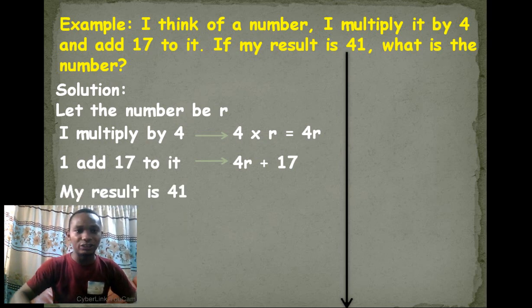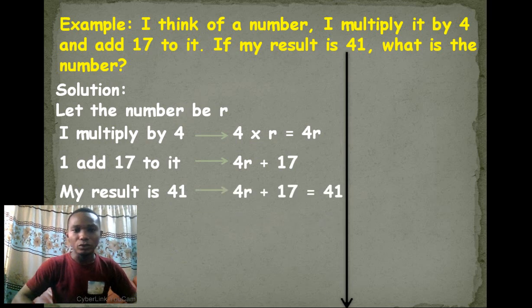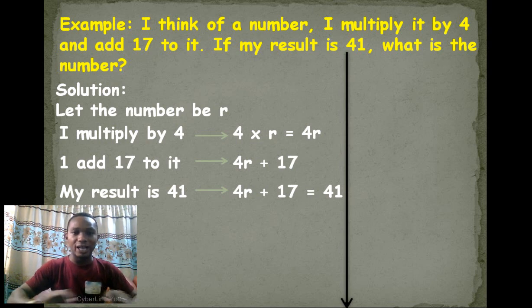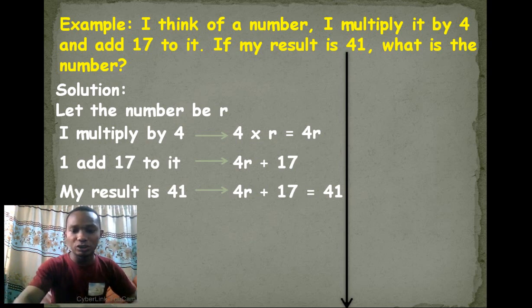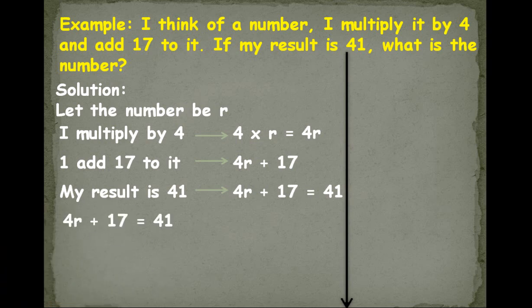Then my result is 41, which implies that 4R plus 17 is equal to 41. You can see I've been able to interpret the whole question into an equation, which is 4R plus 17 is equal to 41.